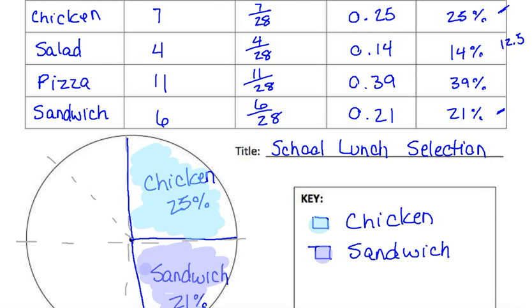And it's 14, so it's bigger than 12.5. So I'm going to look at this 12.5 here, and then I'm going to draw a line somewhere just a little bit bigger than 12.5, like right there. And that's going to be salad. And that represents 14%.